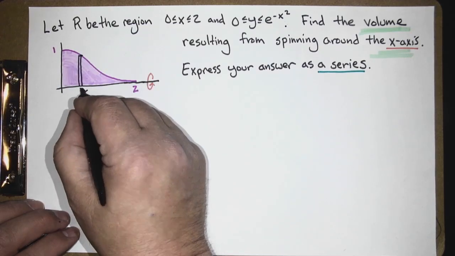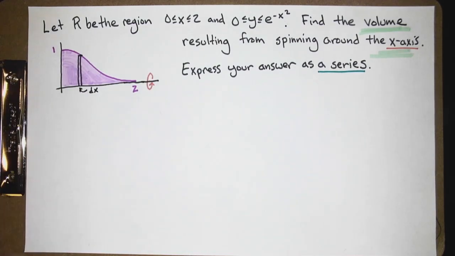So we have our little tiny dx here, and we have our vertical slicing. And there's a question you have to ask. What's the right technique? Because we learned a couple of techniques for finding volume. One of them being disk washer, another one being shell. Which one are we?